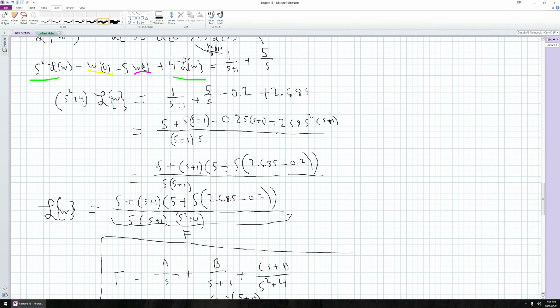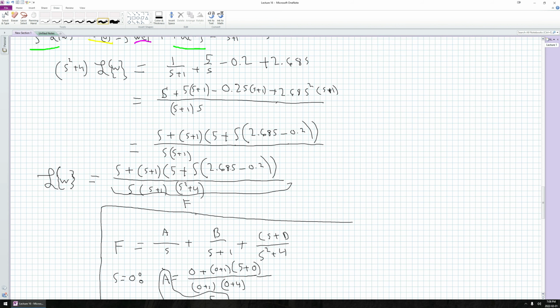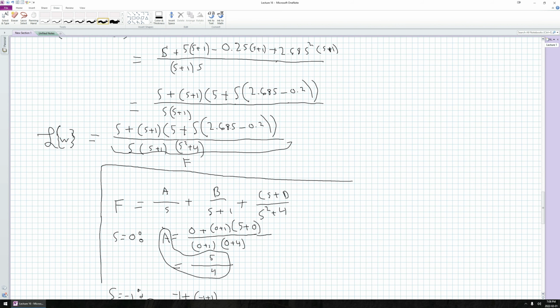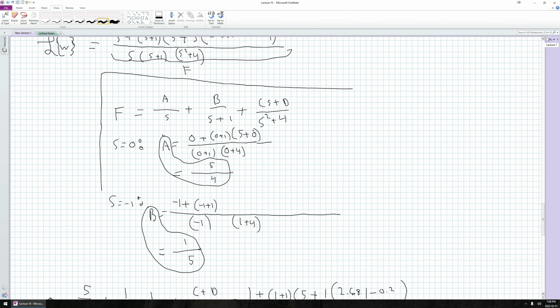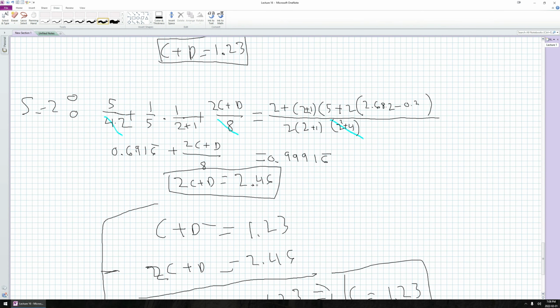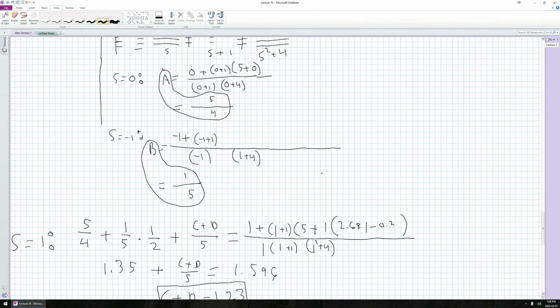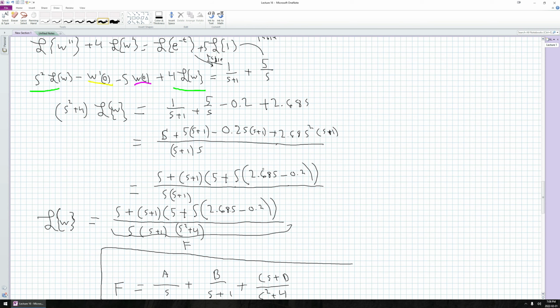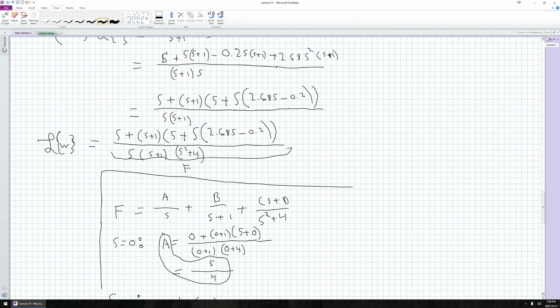So I put all this work together. I know that this function f is simply equal to 5/4 over s, times my 1/5 s plus 1, plus my factor of 1.23 times s over s squared plus 4.